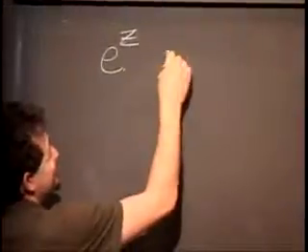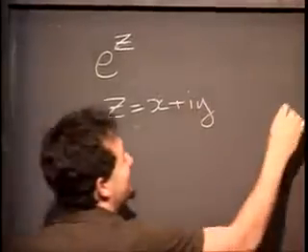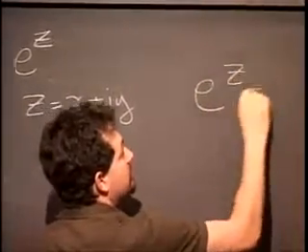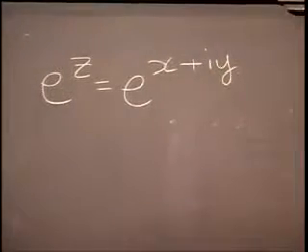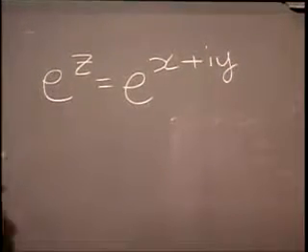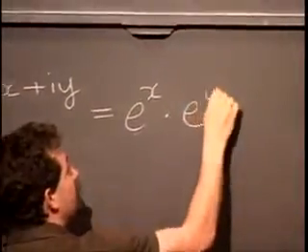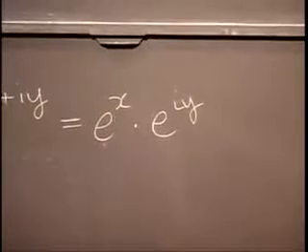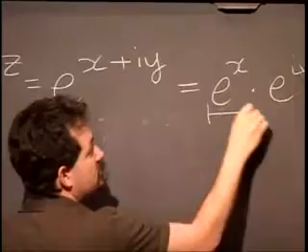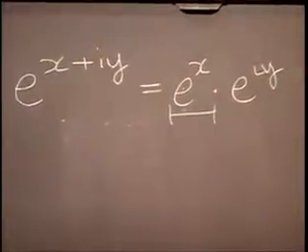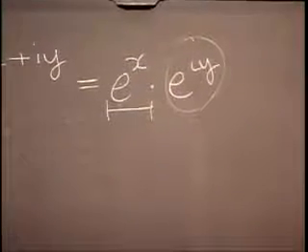In fact, if you write z is equal to x plus iy, then if there's any justice in the world, e to the z, which would be e to the x plus iy, should factor into e to the x times e to the iy, if exponential rules are still going to hold. Now this, we understand, x is just a real number, so this is just the regular old e to the x. The tricky thing is this, e to the iy. What on earth does that mean?